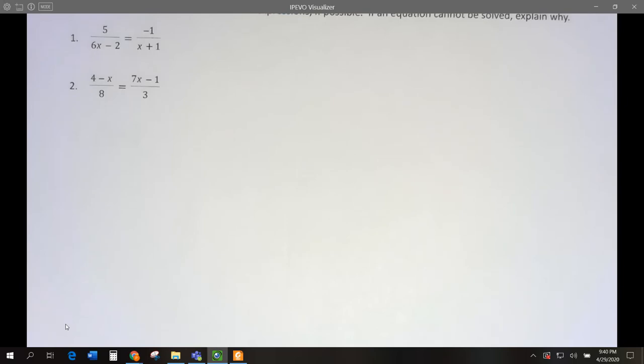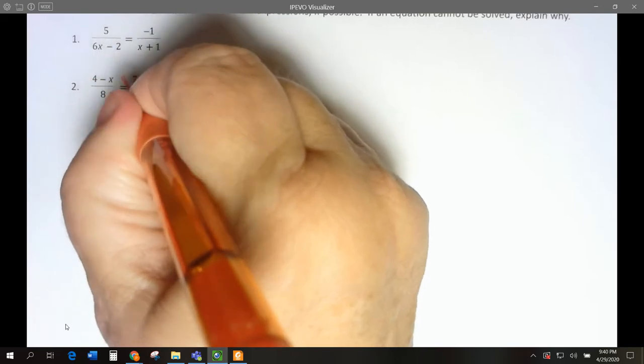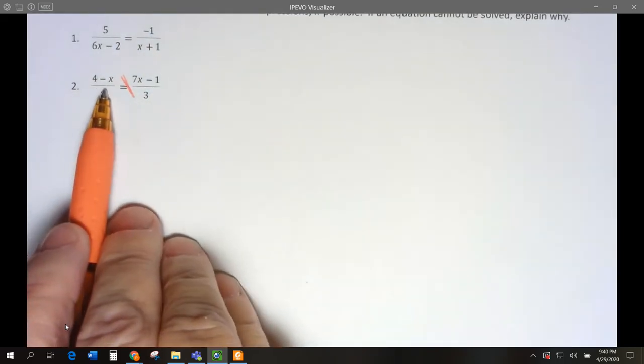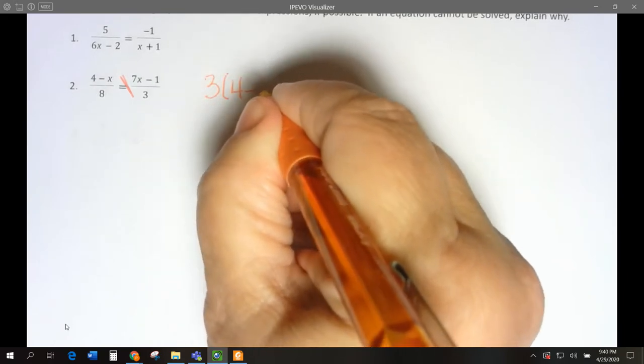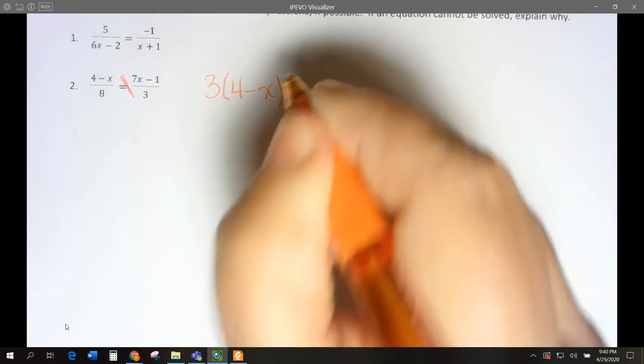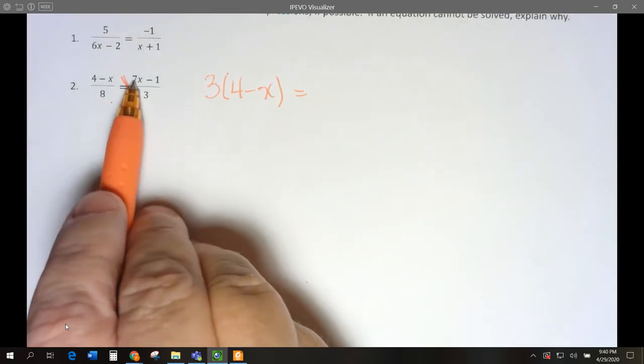Again, we're going to be using our cross multiplication. So we're going to have 3 times 4 minus x, and that's going to equal 8 times 7x minus 1.